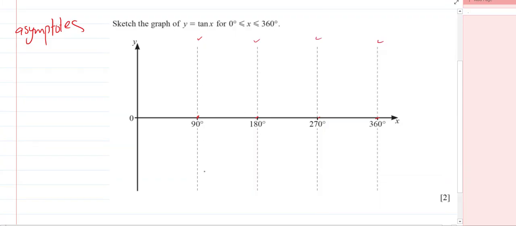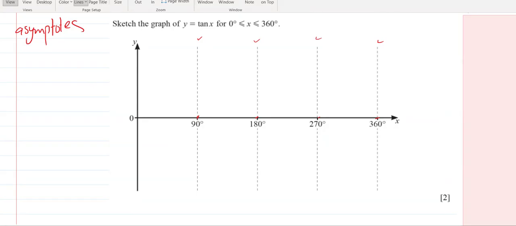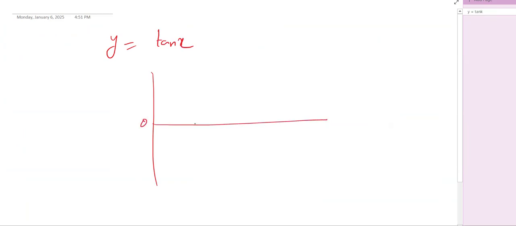Like if you have been asked to sketch y is equal to tangent x, the first thing I will do is make 0, 90, because that is the gap you have to take. 180, try to make the gap the same. 270 and 360.